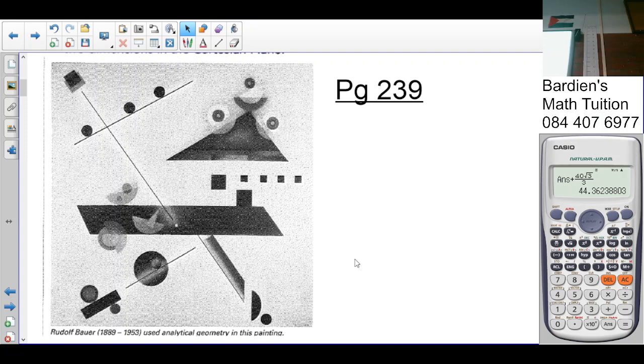Only one person. Then she says, I don't know, and you say, no, he was a painter, and he used analytical geometry to do this painting. Beautiful painting. I think I should get me one like this.